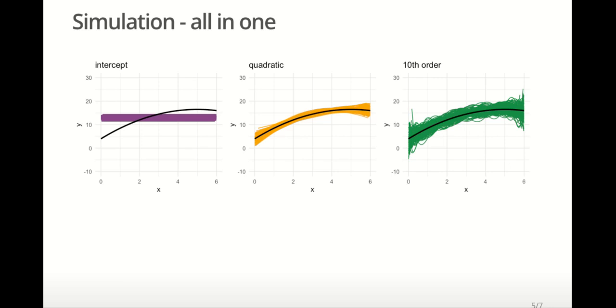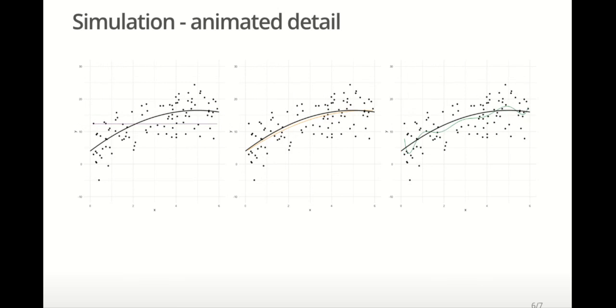But we also see that it has low variation, with all the lines being very close together. The second graph shows the quadratic fits. They appear to show both low variation and low bias. This is what we would hope, since this is the true relationship. The third graph shows fits of the 10th order polynomial model. In general, the bias is still fairly low, but the variance is much higher than the other two.